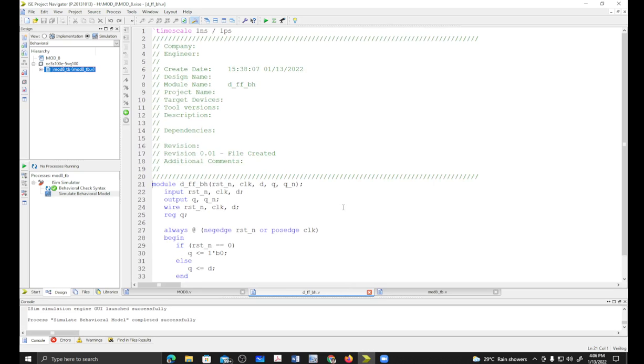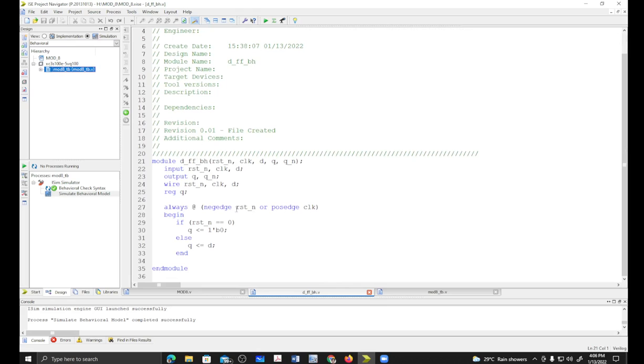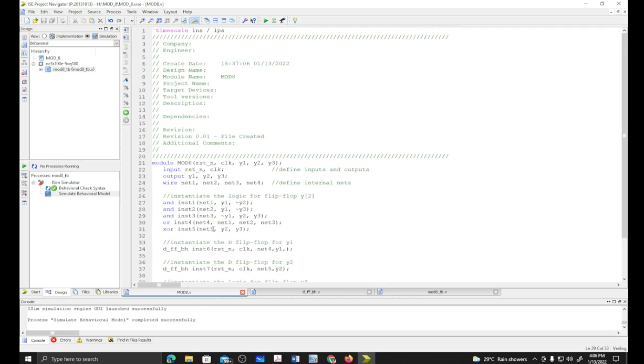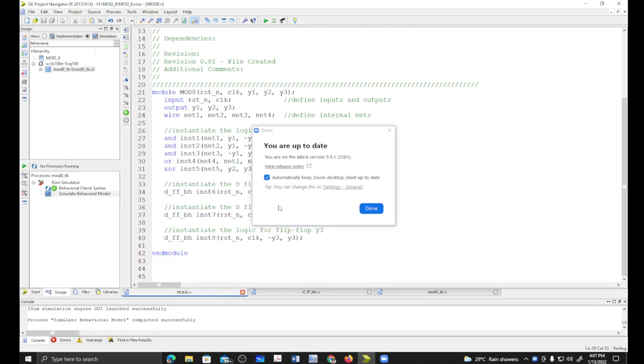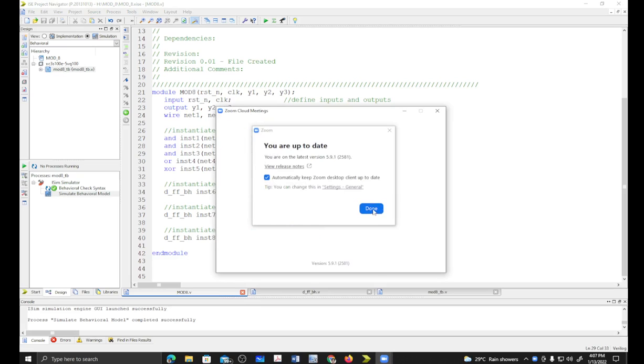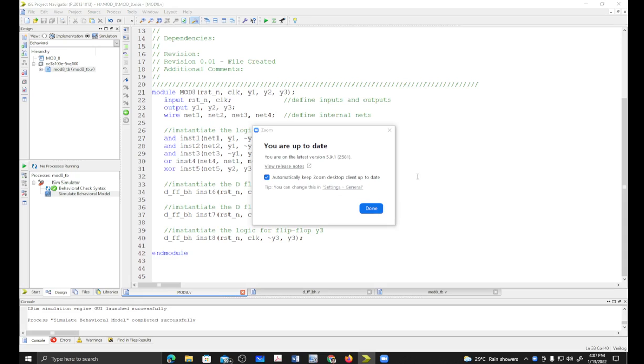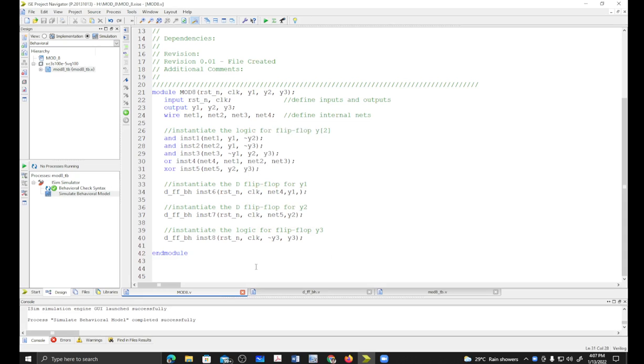So here I coded the flip-flop first. Next, this is our code, and we generate the circuit. Then I have created a test bench for this one.